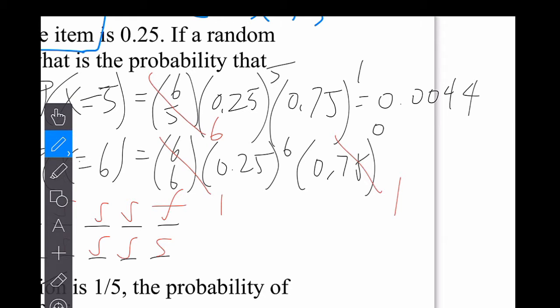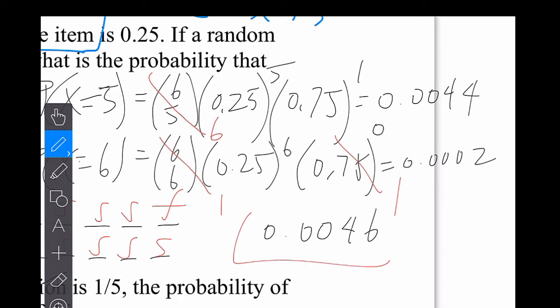I'm going to start with 0.25 to the power 5 to do that, and then multiply by 0.75, and then multiply by 6. Just checking I got it right. Okay, yes, that's correct. And then I'm going to take 0.25 to the power 6, and that's a very small number. That's going to be 0.0002. And when I add those together, the total answer is 0.0046, and that's my final answer.